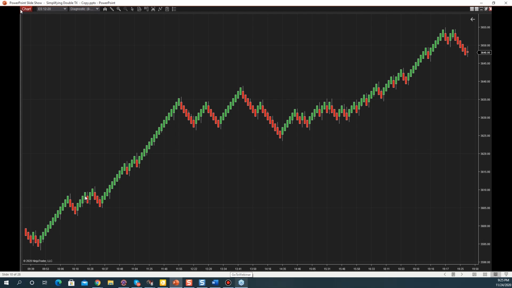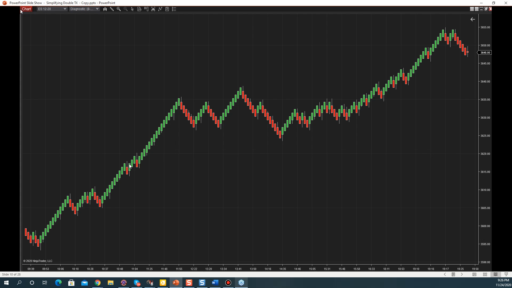Because it's coil chop. Then the market does another pullback or retrace or dip, whatever you want to call it. 1, 2, 3 bars. Then it reverses back in the direction of the trend, right? Then we come up here and we just have an up close, a down close, and an up close.